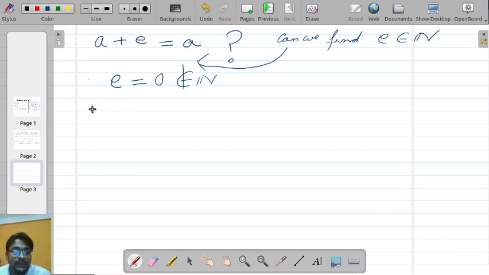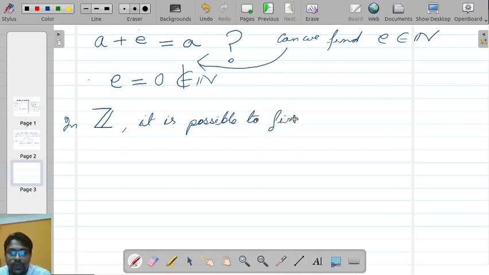But if we change our set to the set of integers, in Z it is possible to find such an element e. What is that element? e is 0.